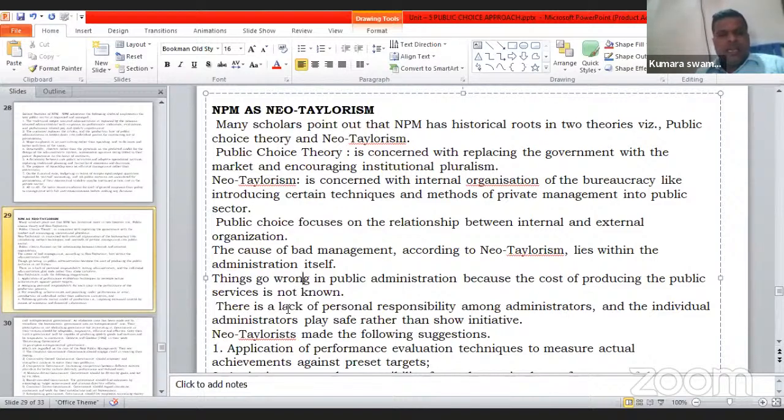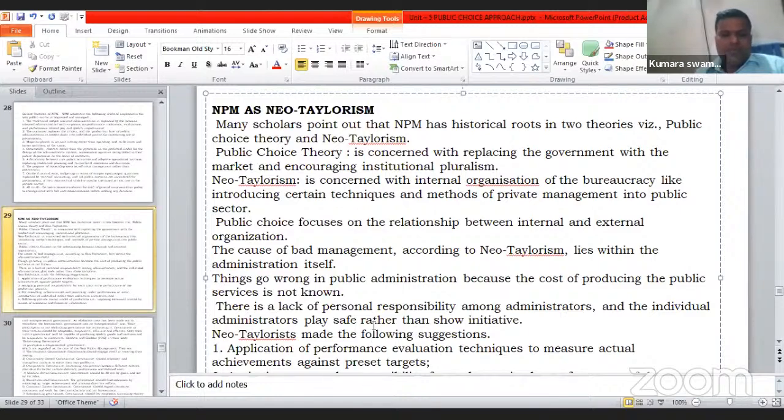And there is a lack of personal responsibility among the administration. Neo-Taylorism says that there is no growth in government organizations because of the personal responsibility that needs to be taken by the administrators. This is one of the problems here.